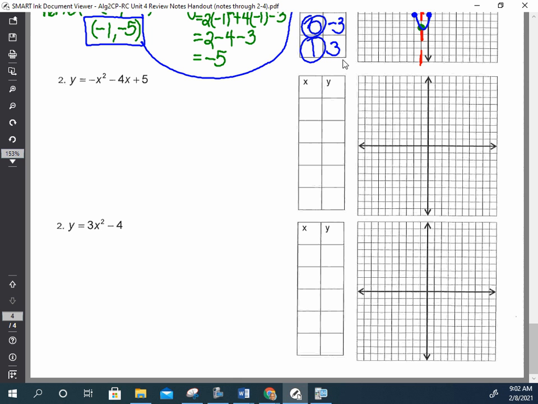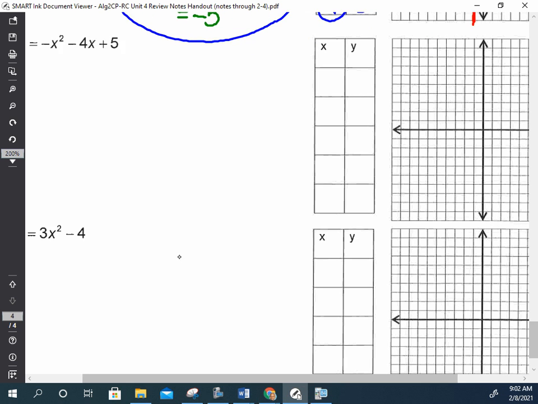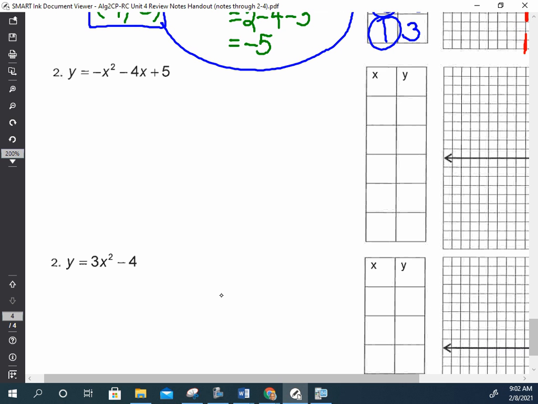So the first thing we're going to have to tackle is to find the axis of symmetry. Axis of symmetry is AOS. The formula for the axis of symmetry is negative b over 2a.